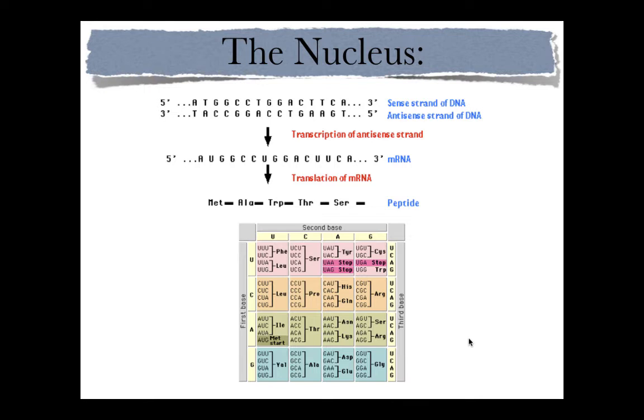It's called the sense strand because this sequence is used to determine the amino acid sequence of a protein. That's why they call it the sense strand. Sense strand determines the amino acid sequence of a protein.